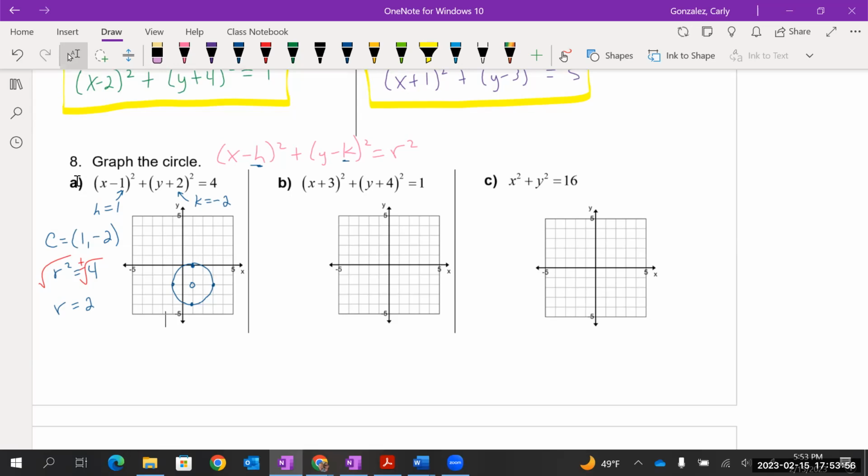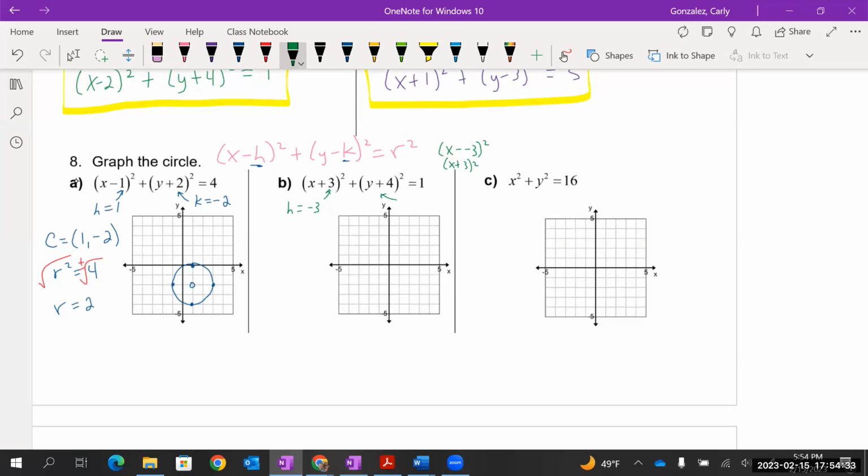So let's try B. x plus 3 quantity squared plus y plus 4 quantity squared equals 1. So again, in order to get the x plus 3, h will have to be -3. And that way, when we plug it into the formula, we would have x minus -3 squared, which gives us the x plus 3 squared.